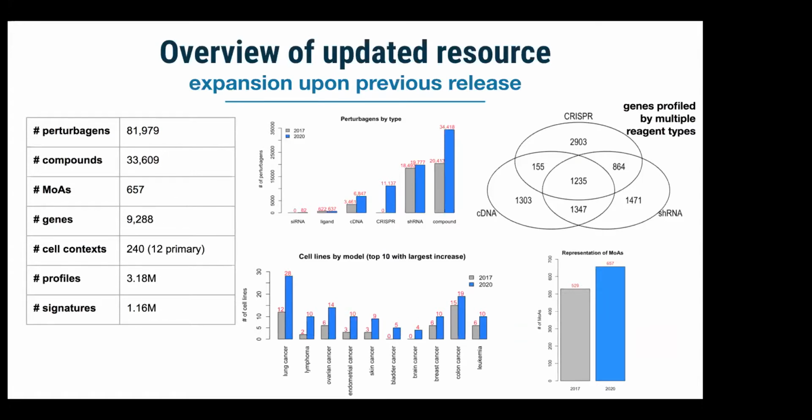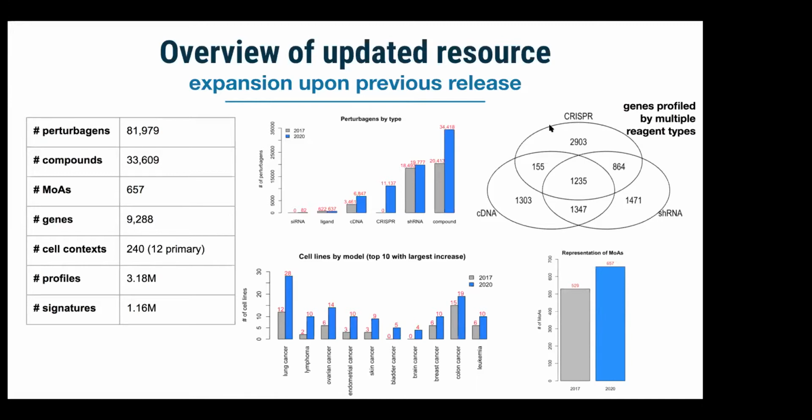And there's about 9,200 genes that we've profiled by at least one genetic perturbation reagent across 240 different cell contexts, 12 of which are primary cell lines, for a total of about 3.18 million profiles, and after collapsing biological replicates, about 1.16 million signatures.